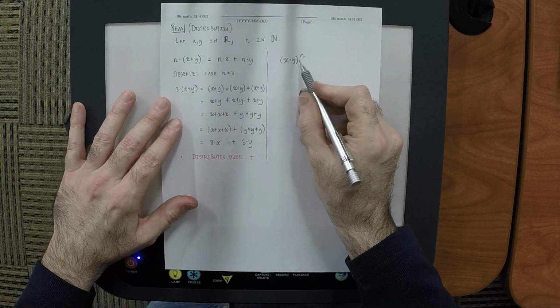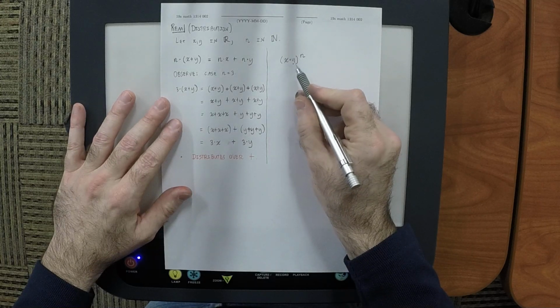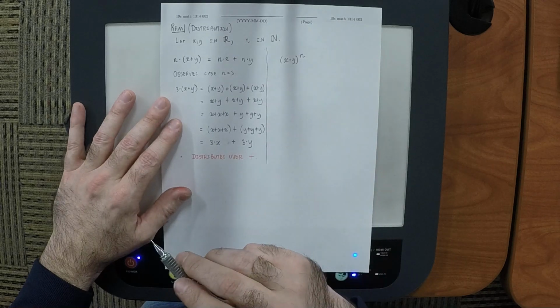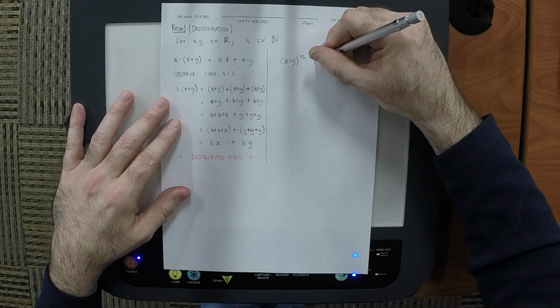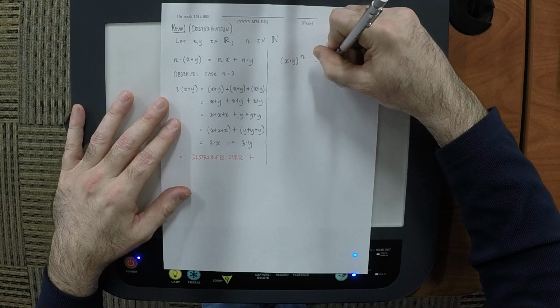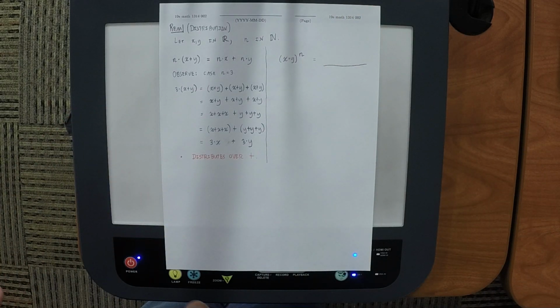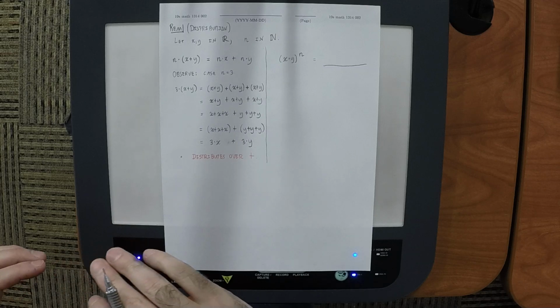But notice that that's a caret, right? That's x multiply y and then all of that caret n. And the question is, what do I write here? So I'm going to leave that as a blank for a moment, and let's come to the answer.